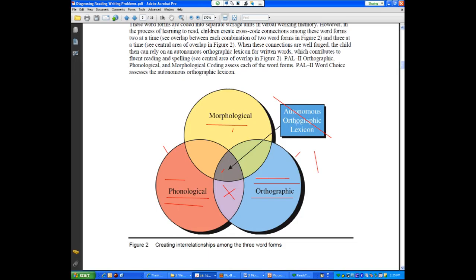When I see a word, I can recognize I have this word stored in my memory as a single unit, and I can retrieve that word quickly. So the more words that are part of your autonomous orthographic lexicon, the more fluently you're going to be able to read.